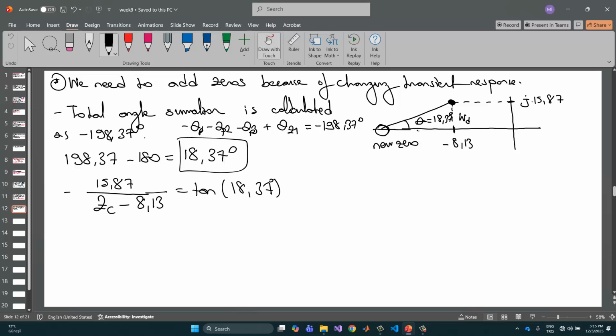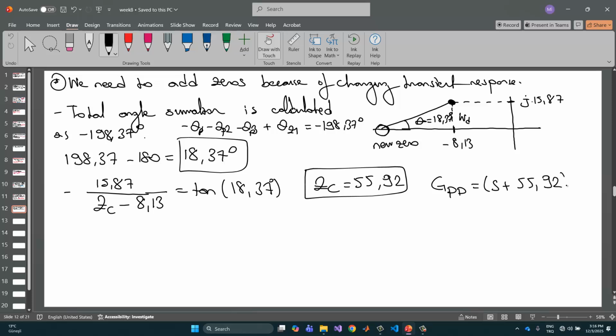It's coming from this one. That's all. And so, what is the zero location? Zero is 55.92. And so, what is the PD coefficient right now? This is equal to S plus 55.92. Okay?